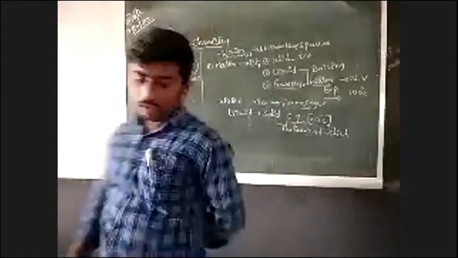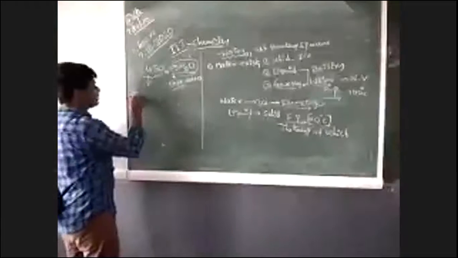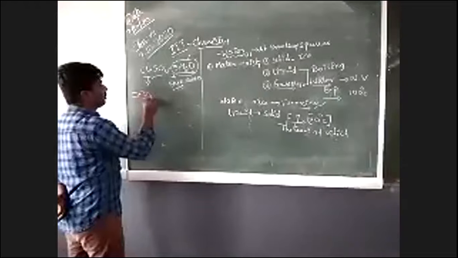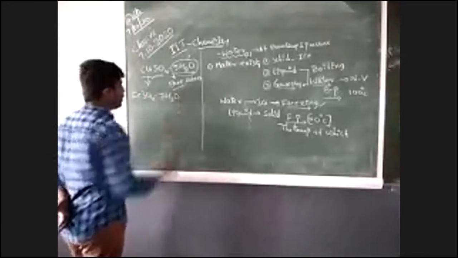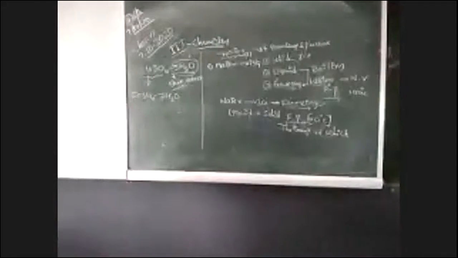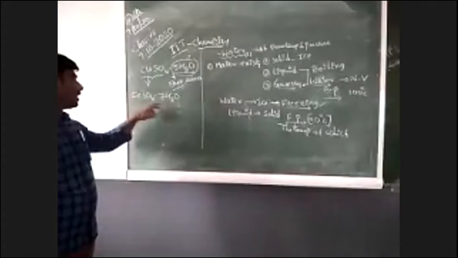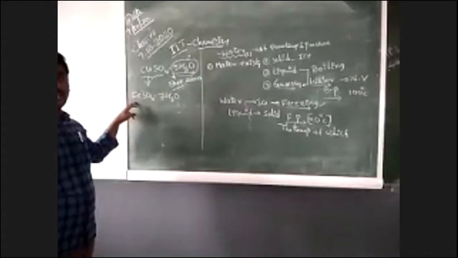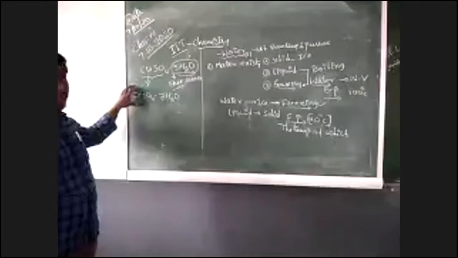Next one, hydrated iron sulfate, FeSO4 7H2O. The 7 molecules of water are in the iron sulfate.